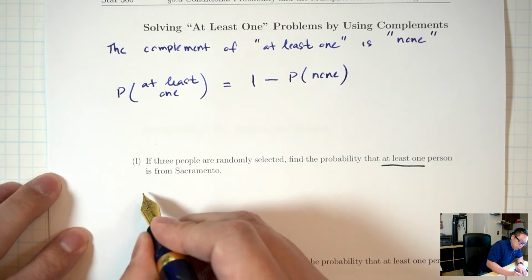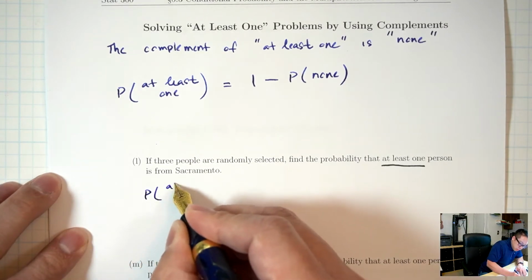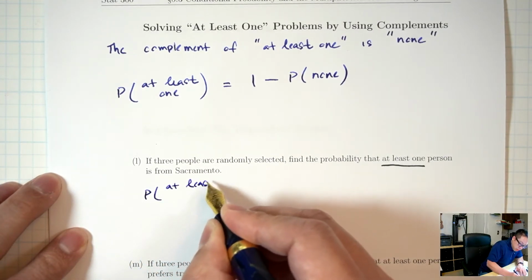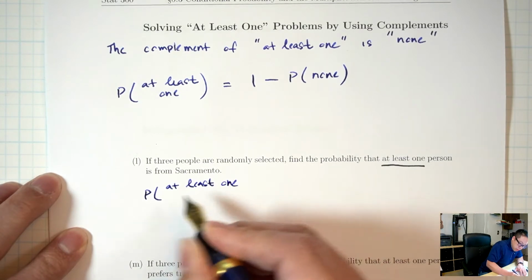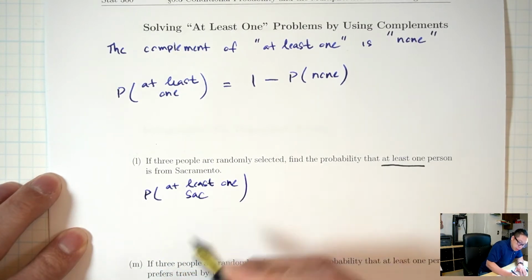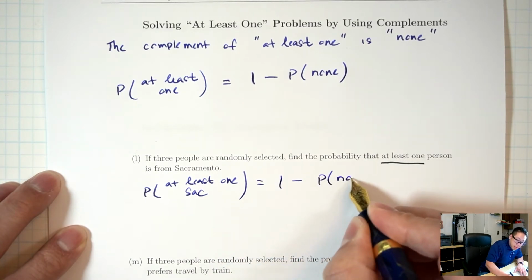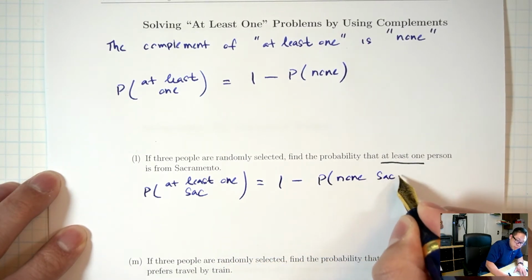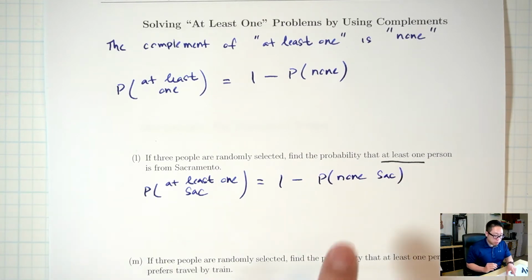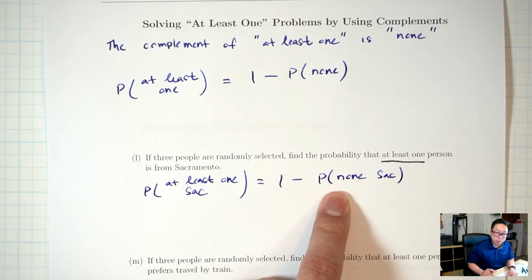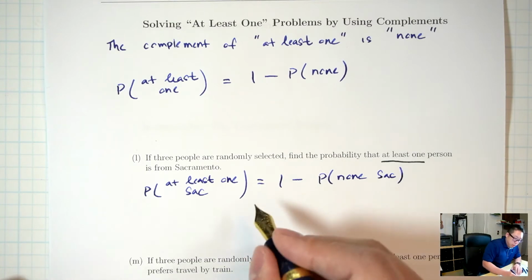So probability of at least 1. So at least 1 Sacramento should be the same thing as doing 1 minus the probability of none from Sac. Okay, so the idea here is I'm going to find a probability that nobody is from Sacramento and then just do 1 minus that. All right.